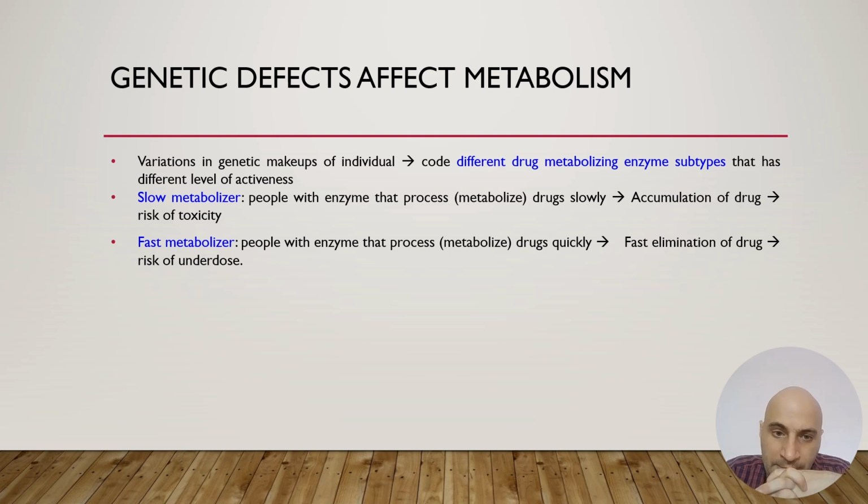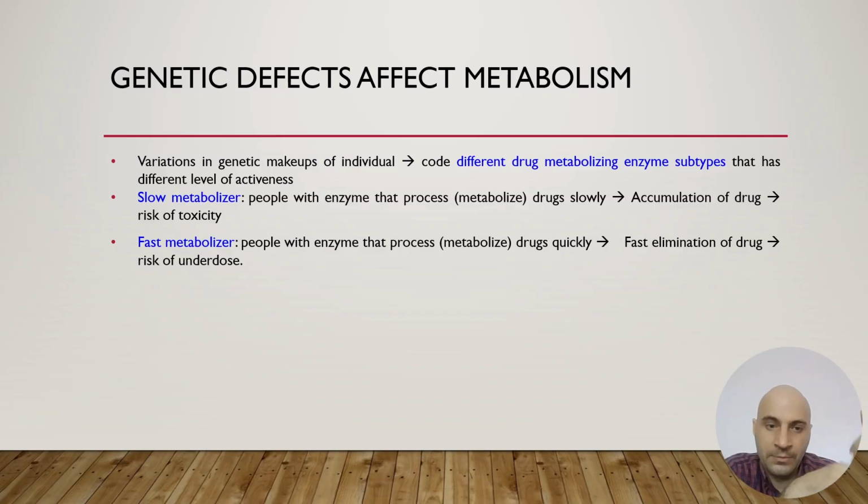So variations in genetic makeup of individuals lead to different metabolizing enzyme subtypes that have different levels of effectiveness. For a certain drug, we can expect that there are people who have slow metabolism, so the drug is metabolized slowly, which leads to accumulation of the drug and risk of toxicity.